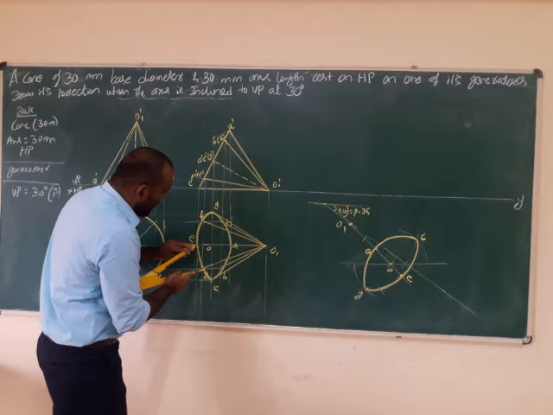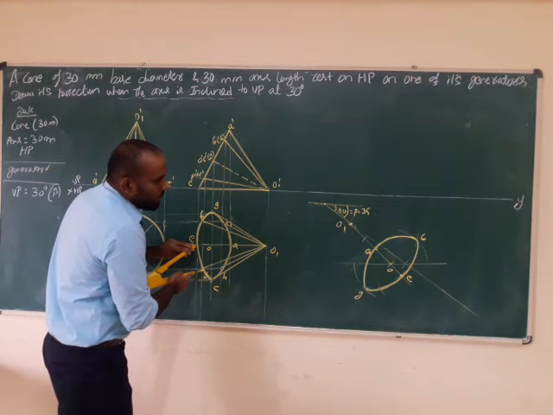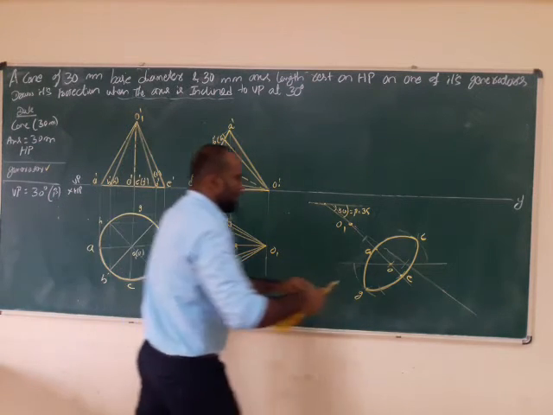Next, D is in between E to C. E to C. So from the E you have to cut.